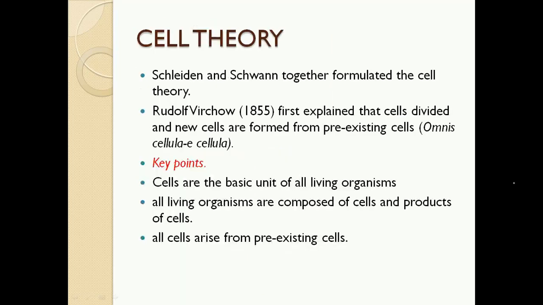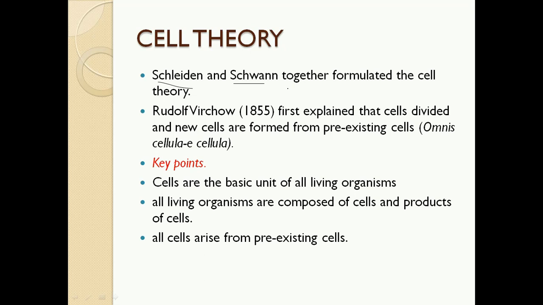So let's talk about the cell theory now. What is cell theory? Generally, this cell theory was formulated by two main scientists called Schleiden and Schwann. They put forward several postulates which are very true for this universe.